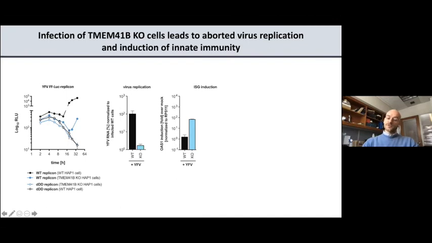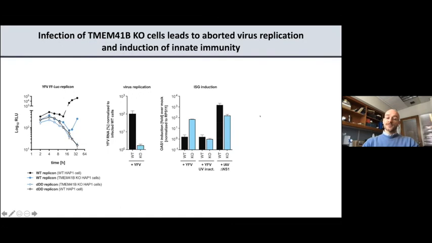And this is truly due to viral replication, because if we use UV inactivated virus, there's no upregulation of the innate immunity. So you need incoming virus in the knockout cells, which probably starts to replicate. Then this replication is somewhat abrogated or aborted, and this causes an upregulation of the innate immunity.